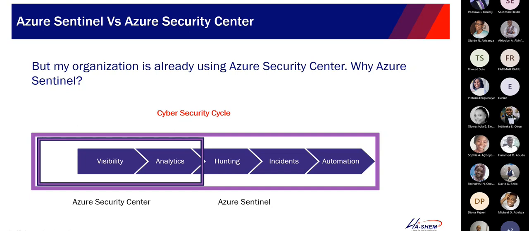Meanwhile, incidents are created from the issues, and automation is responding to issues. Azure Sentinel gives you the ability to look at all the phases in the cybersecurity cycle, while Azure Security Center just gives you visibility and analytics into any threats or issues that you have in your environment. So you see that you have a full package of the cybersecurity cycle when you are using Azure Sentinel.